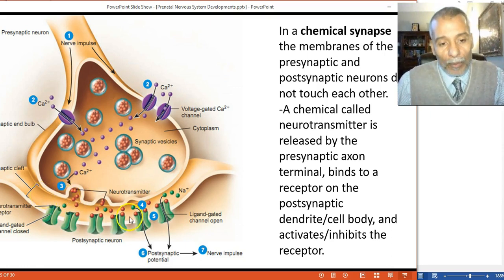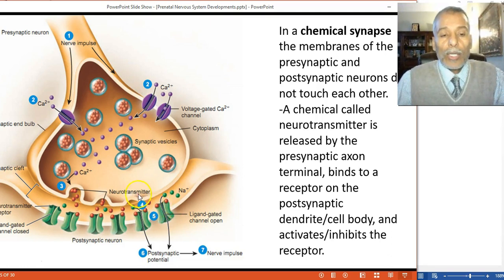So then the neurotransmitters are going to dock onto these receptor cells, and then they can either open them to have chemicals like sodium, potassium, and so on go in and out, or inhibit the function of the cell by closing the channel.